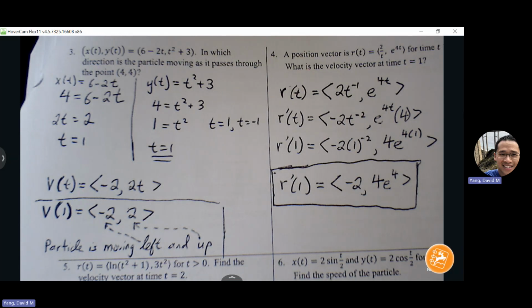Plug in 5 does. Why do you plug in 5? T equals 0, and it's very easy.